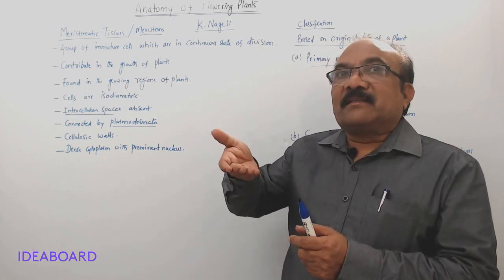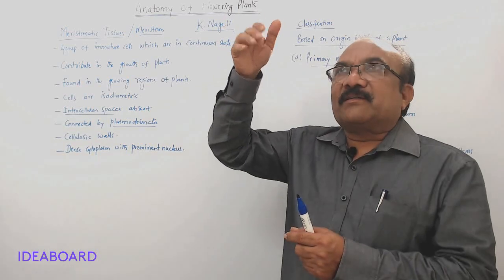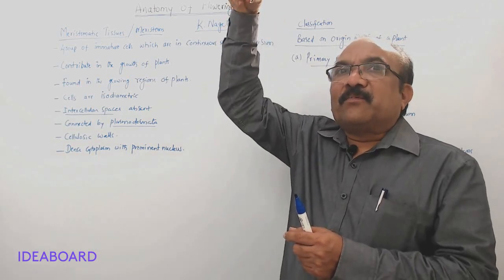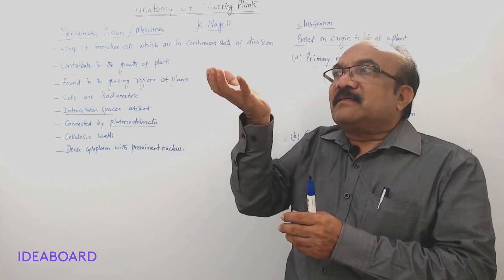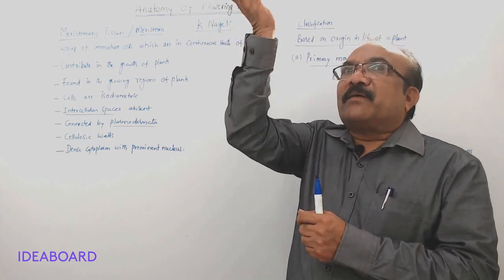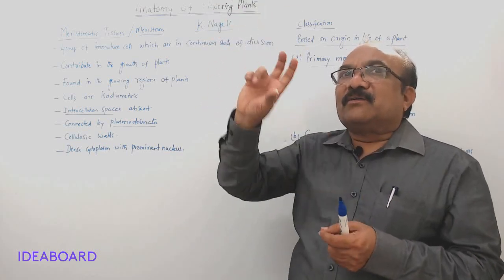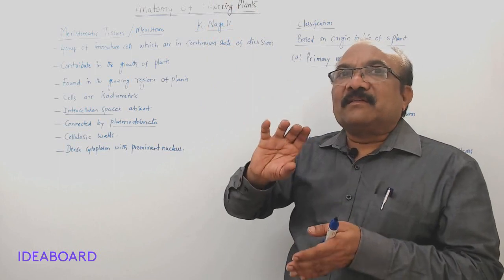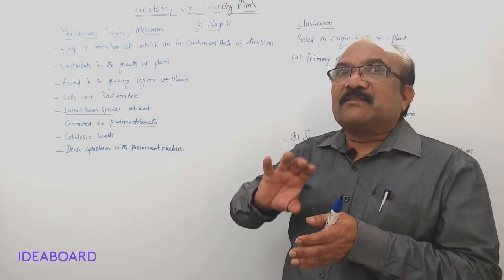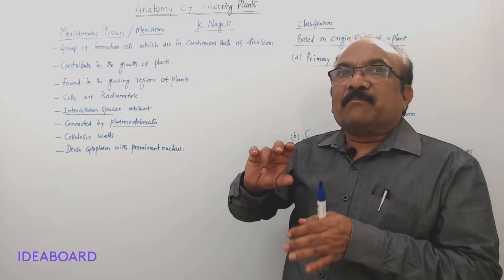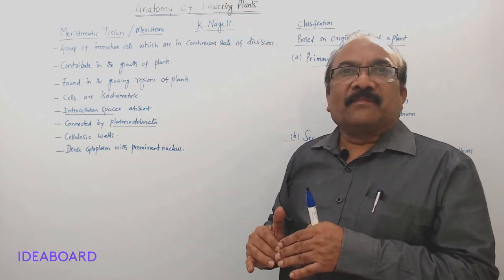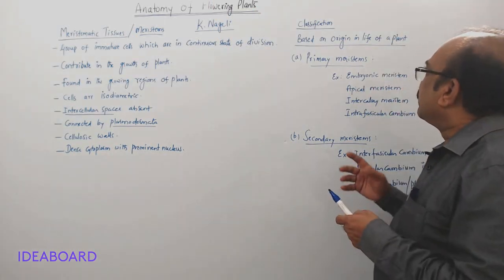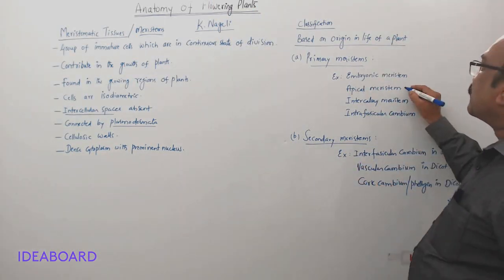And as the plumule grows in the upward direction, the cells are pushed downwards, which will become permanent, and this meristem will go up. So during this, you will see the location of these meristems. They are perpetuating at the tips. So they are apical meristems.